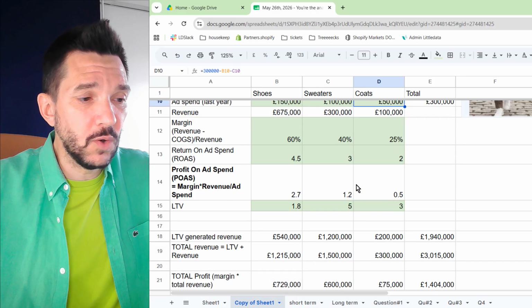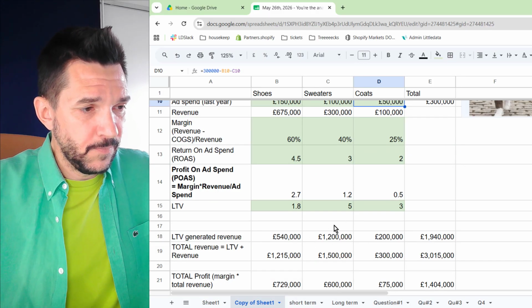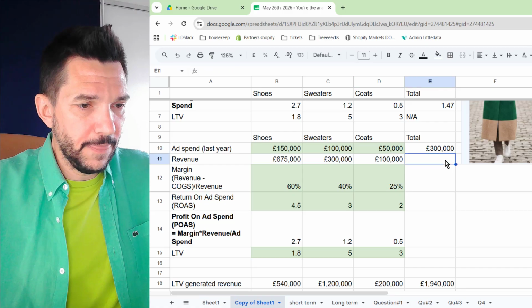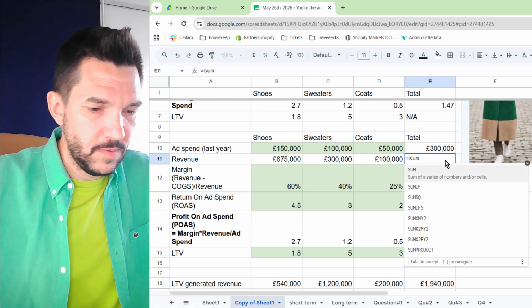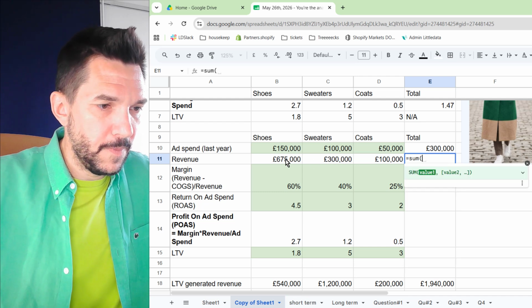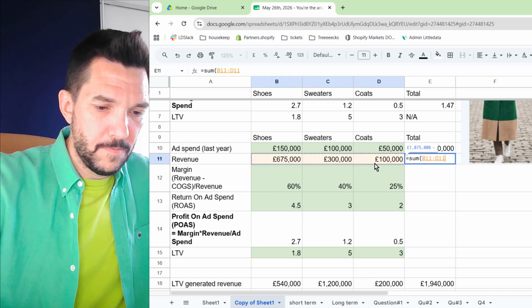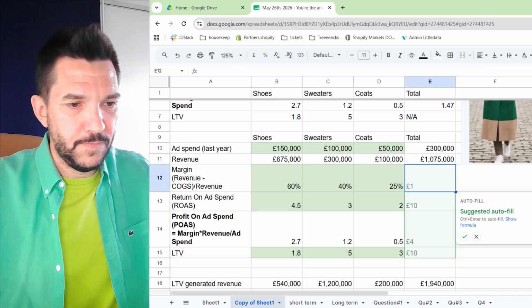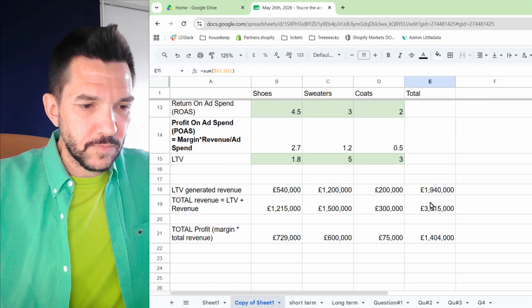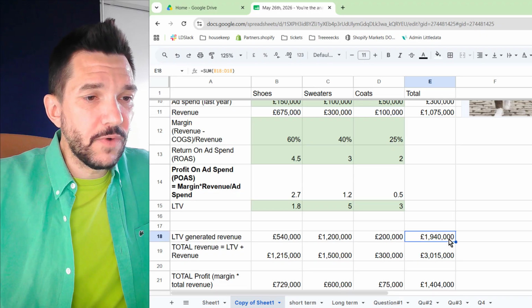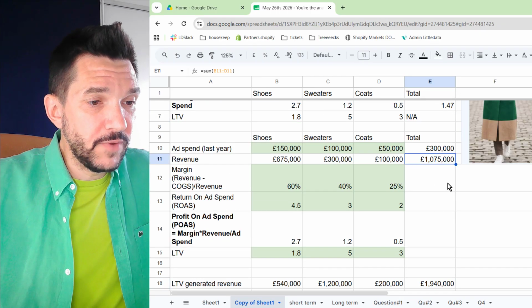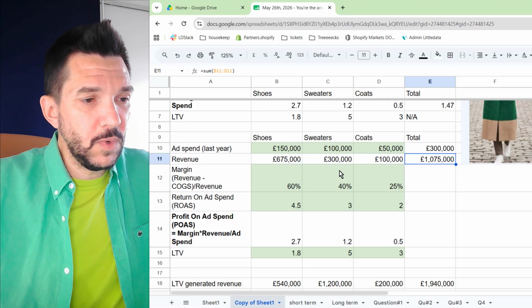And you can see how the revenue goes away. Let me sum this one up here super fast. And we get the LTV generated revenue and immediate revenue right off the bat.